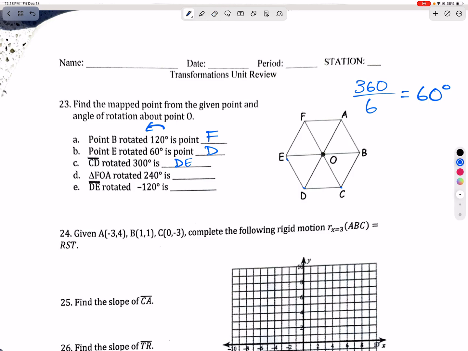Okay, angle FOA. FOA is this angle right here. So this one is rotated 240. So this is 60. This is 120. This is 180. This is 240. So FOA, we have to go in order.